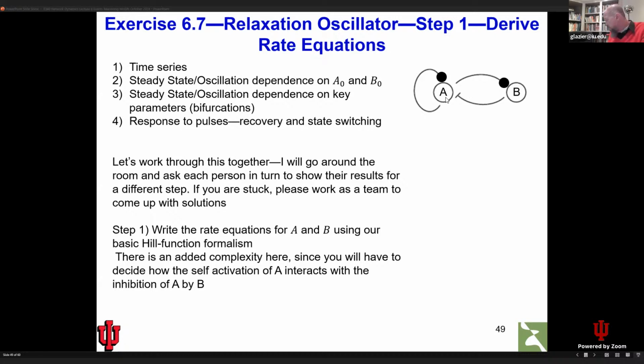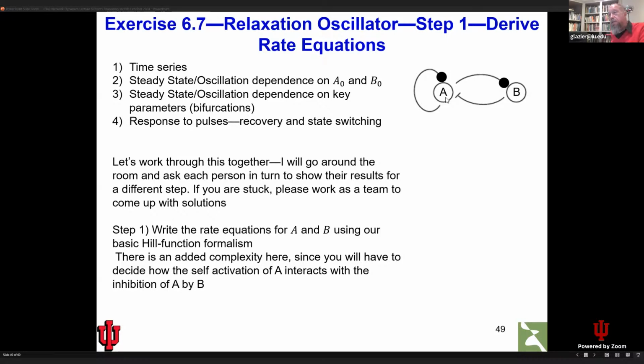And there's a general trick, which is that when you have coherent signals, A and B both excite something, or A and B both inhibit something, then typically you have an OR combination. You have an inhibition combined with an activation, usually the inhibitor wins, and so you have an AND.